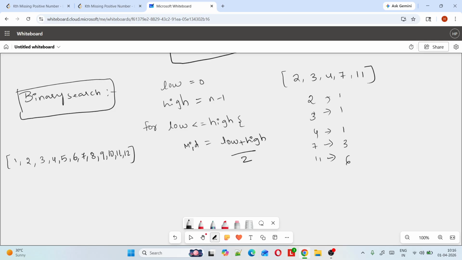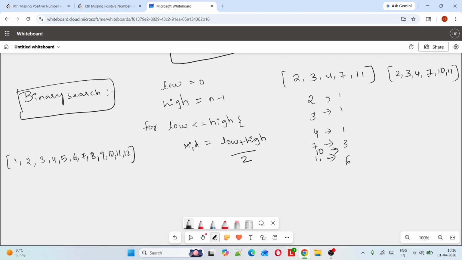I will consider the example 2, 3, 4, 7, 10 and 11. So for 10, how many missing numbers?